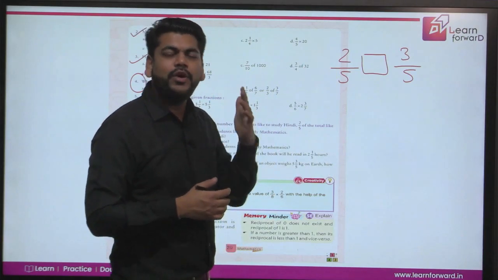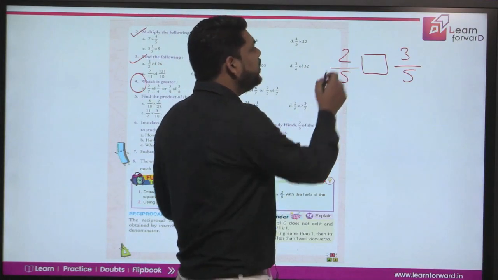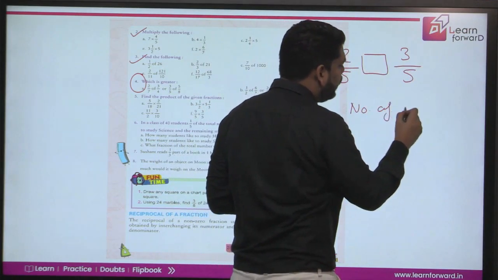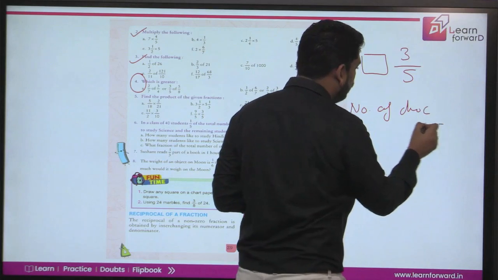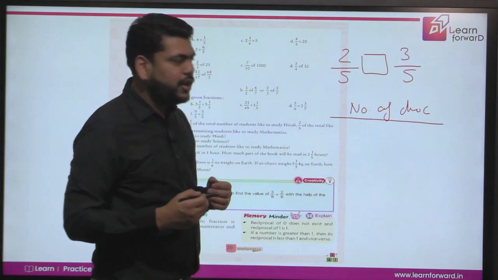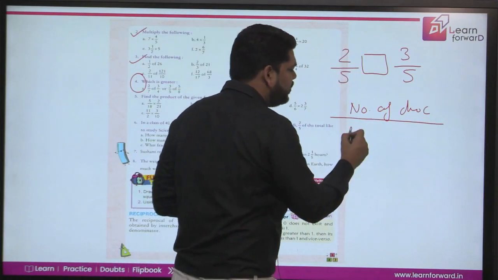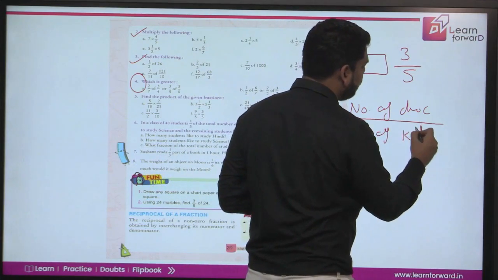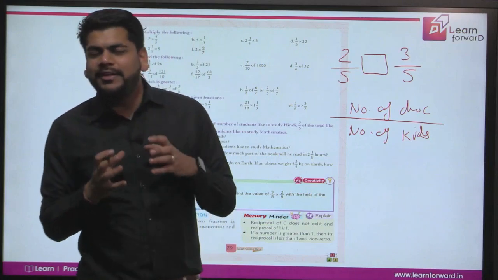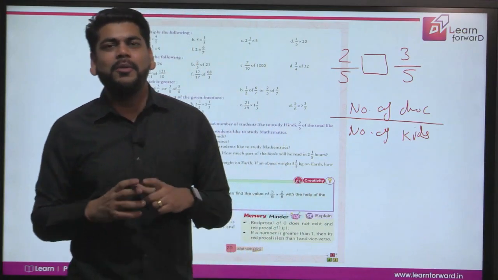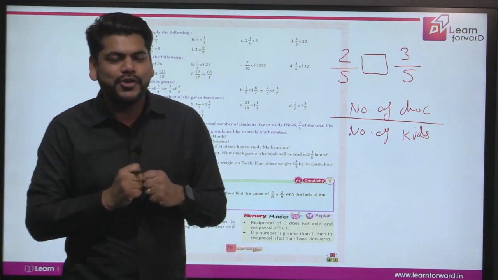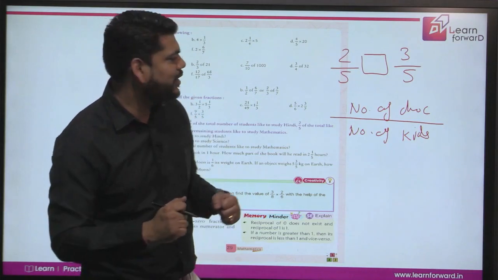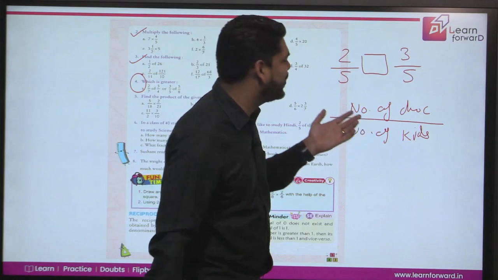You need to consider the numerator as the number of chocolates. Always do that. This will help you every time. The number of chocolates, and below is the number of kids. Fine. And you need to be that kid who wants more chocolates. In any case, we always want more chocolate, because I believe you all must like chocolates, right?